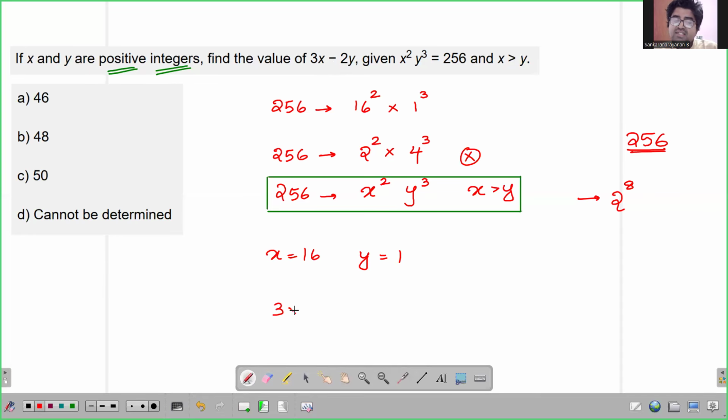The answer is now easy. 3 into 16, 48, minus 2y, 2 into 1. So this is nothing but 48 minus 2. The value will come here as 46. And you can see that this is going to be my answer, 46. I have to choose option A in this case.